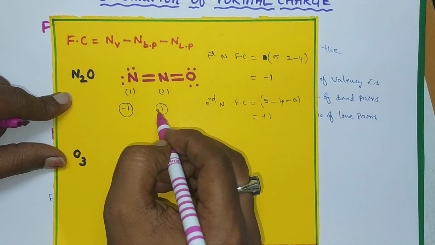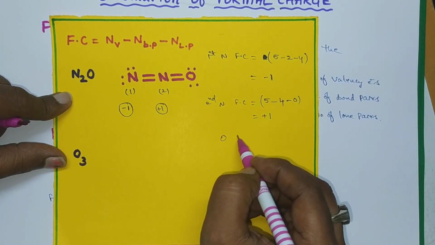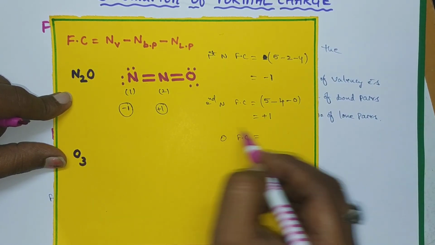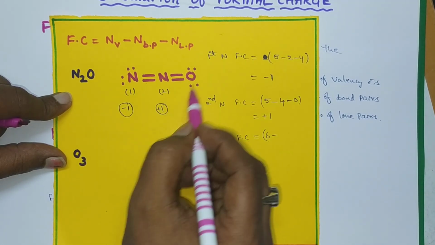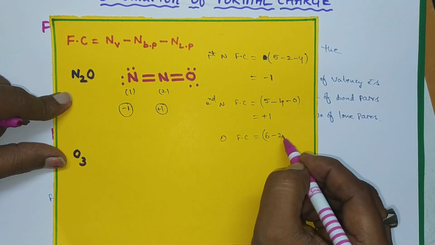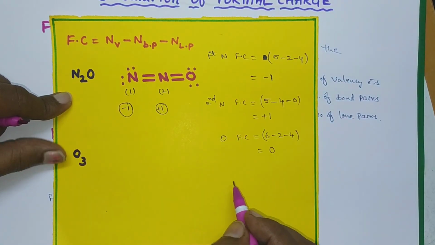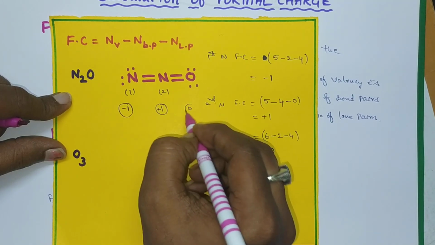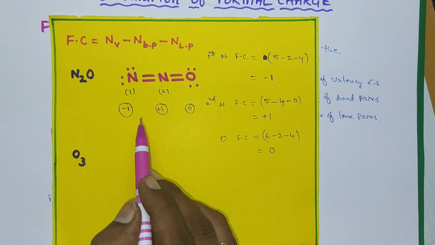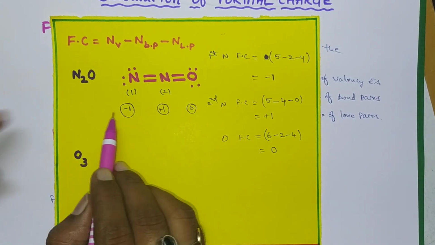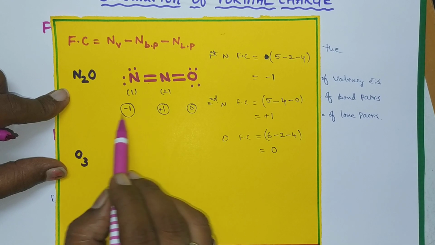And next for the oxygen atom, the valence is 6 minus the number of bonds 2 minus the number of dots 4, so the charge is 0. So for oxygen the charge is 0, and for the nitrogens one is plus 1 and the other is minus 1. The overall charge of the molecule is 0.